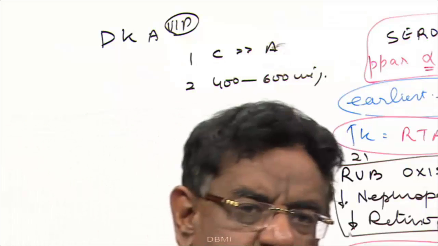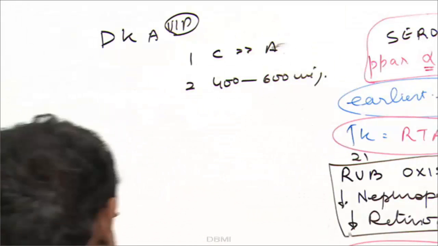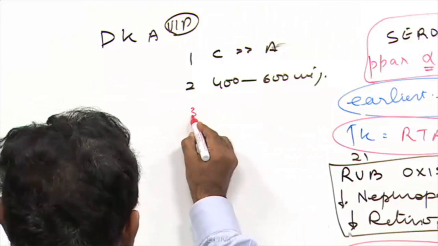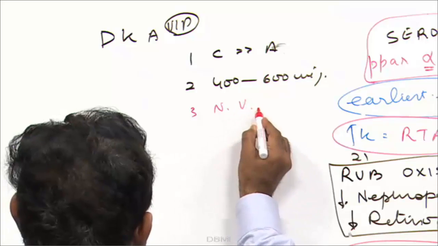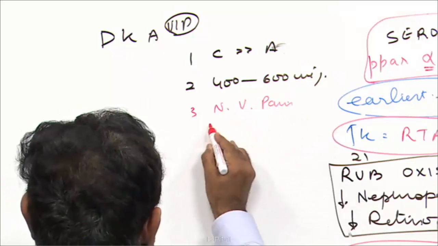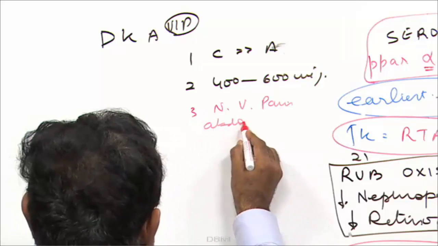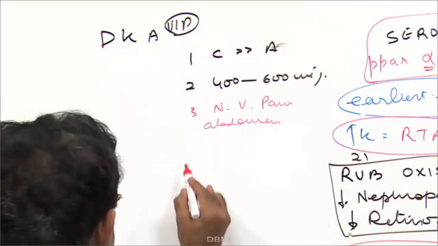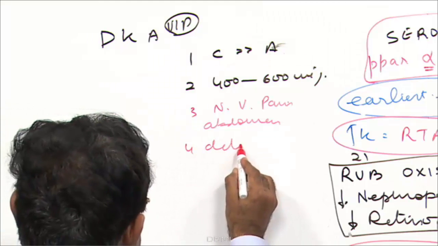But the main hallmark of the disease is the child develops nausea, vomiting, pain abdomen, marked dehydration.